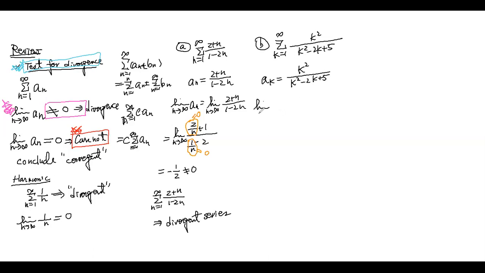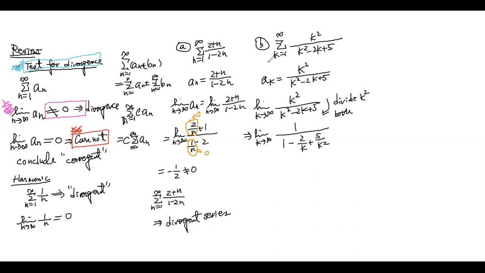Now I take the limit as k approaches infinity. Same as before, I need to divide by k squared on both the numerator and the denominator. So the top would be 1, and the bottom is 1 minus 2 over k plus 5 over k squared, right?